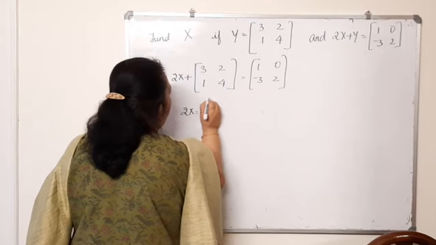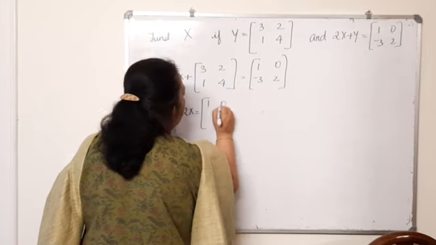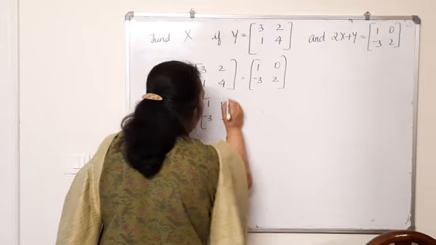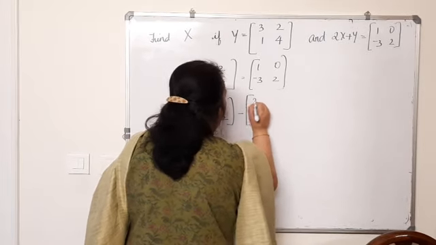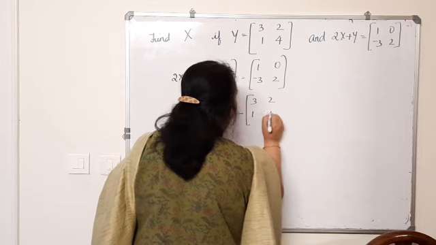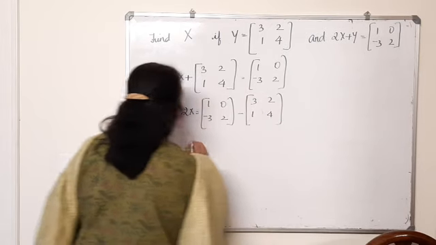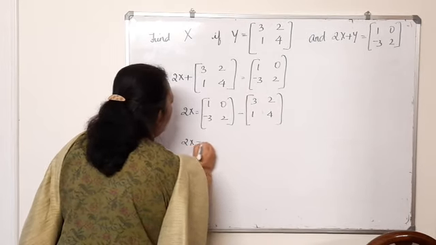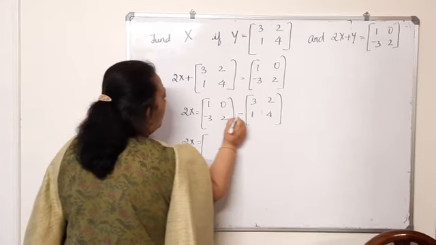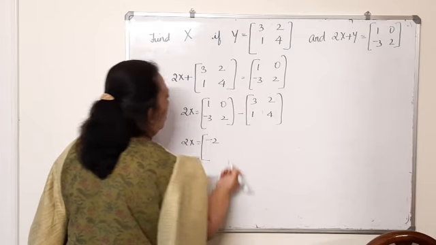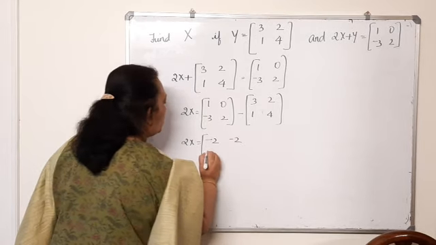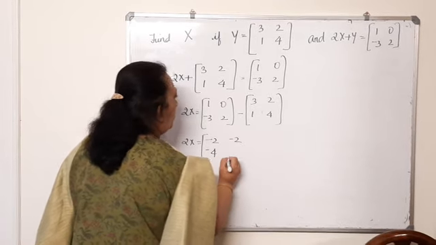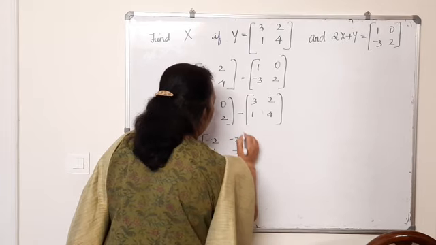2x is equal to 1 0 minus 3 2 minus, take the matrix 3 2 1 4. 2x is equal to 1 minus 3 minus 2, 0 minus 2 minus 2, minus 3 minus 1 minus 4, 2 minus 4 minus 2.